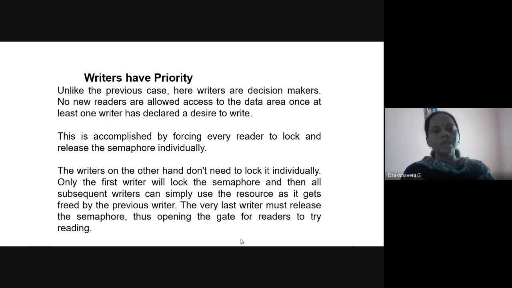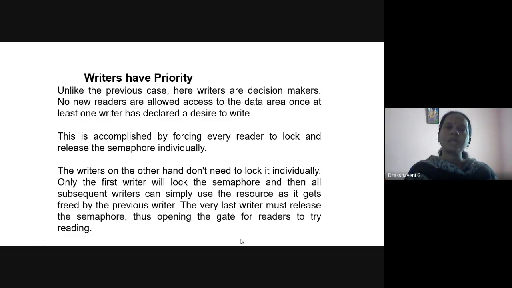So what we do here is that writers have priority. The writers, on the other hand, don't need to lock it individually. Only the first writer will lock the semaphore, and then all subsequent writers can simply use the resource as it gets freed by the previous writer. The very last writer must release the semaphore, thus opening the gate for a reader to try reading.